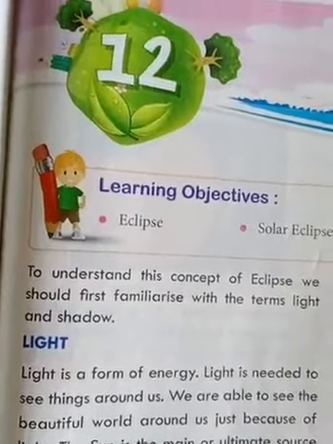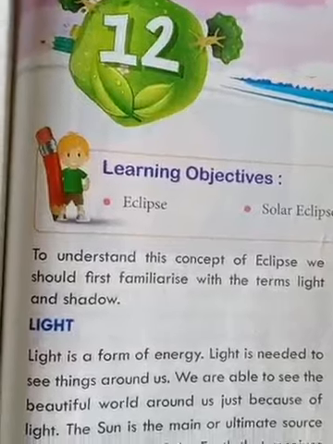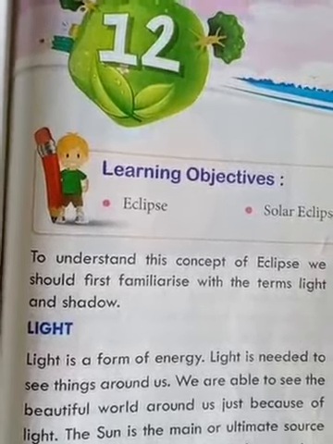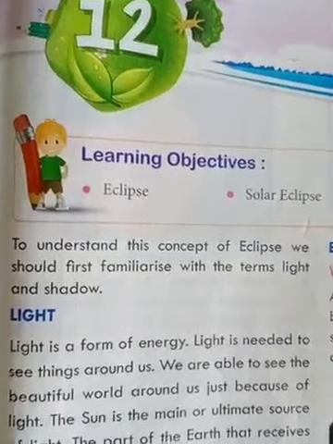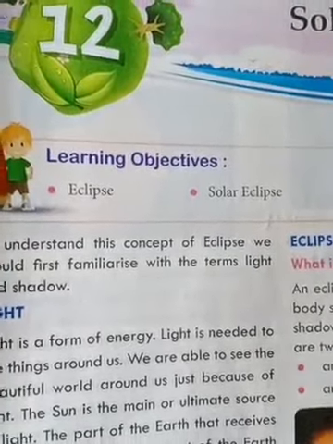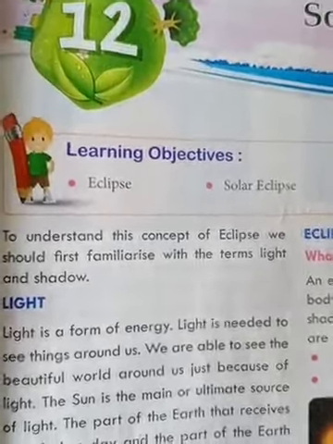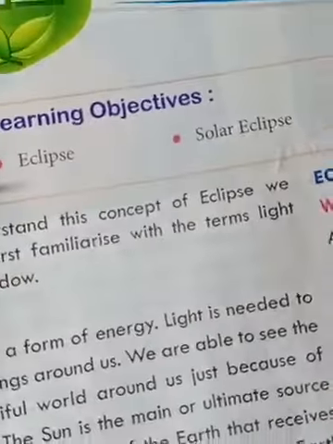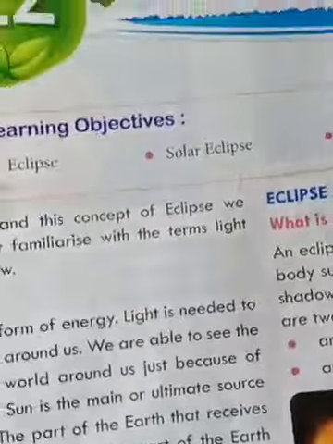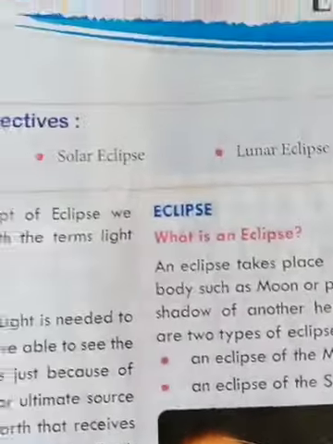The sun is the main or ultimate source of light. The part of the earth that receives sunlight has day, and the part of the earth that does not get sunlight has night. So it is related with the light.